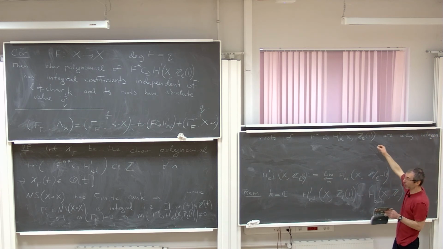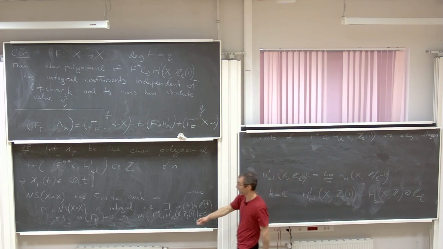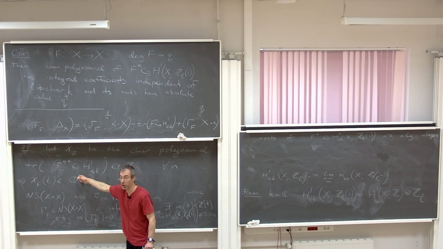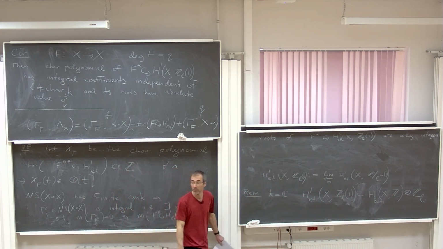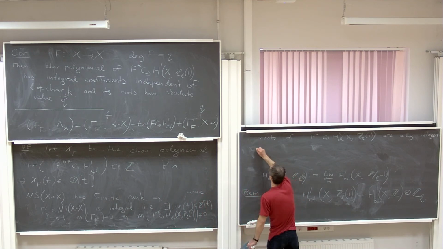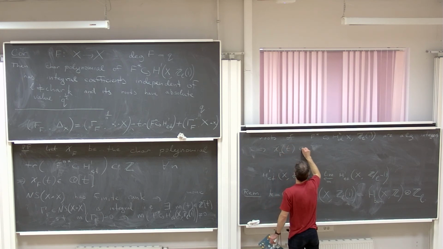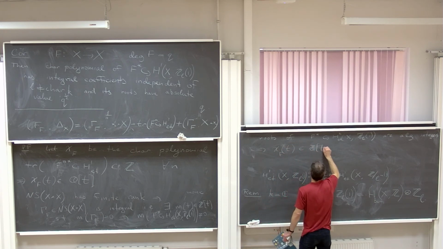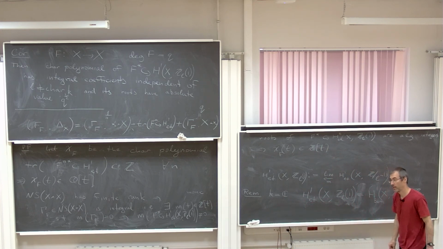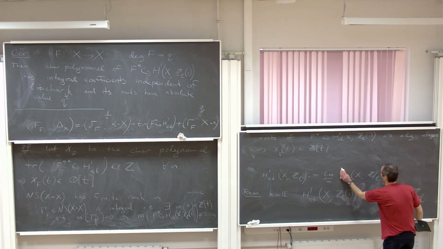In particular, the coefficients of the characteristic polynomial are also algebraic integers, but we also know that they are rational. So this implies that the characteristic polynomial of f is z of t.